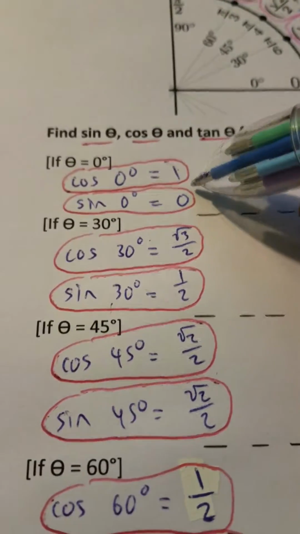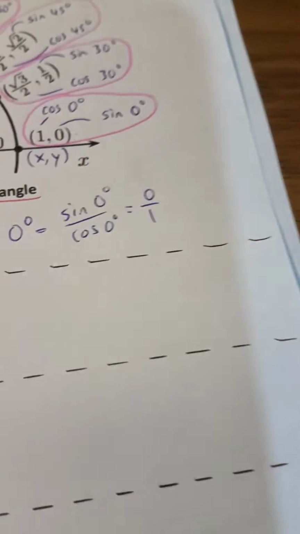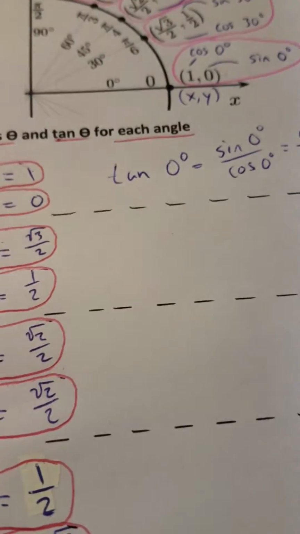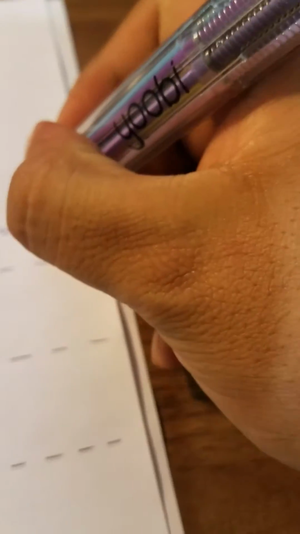And we have that here, so we can substitute. For sine of 0 degrees, that's 0 over 1. Of course, 0 divided by 1 is just 0. And there you go. The tangent of 0 is 0. So that's how you would find that.